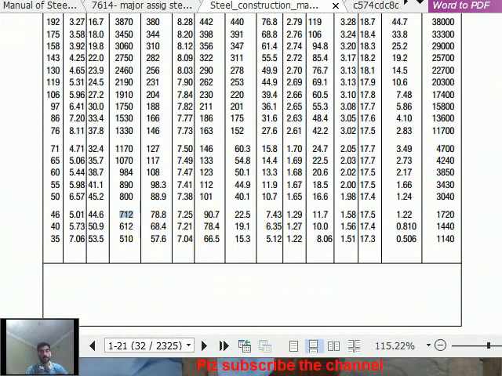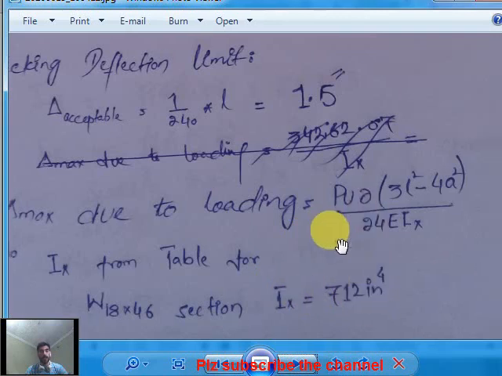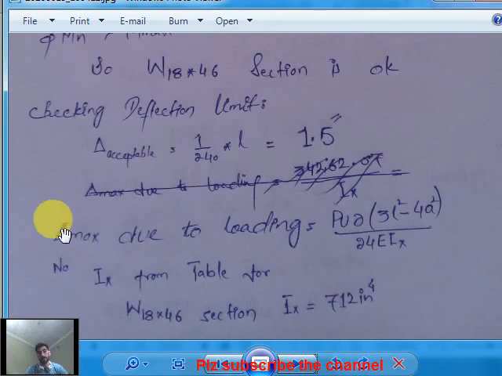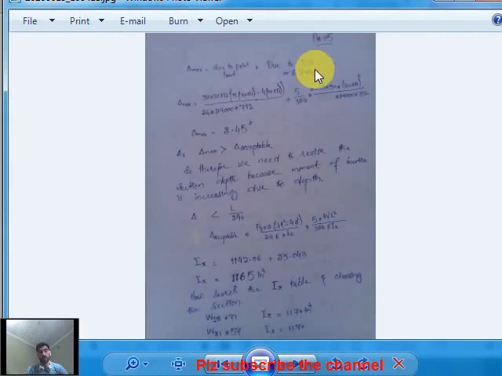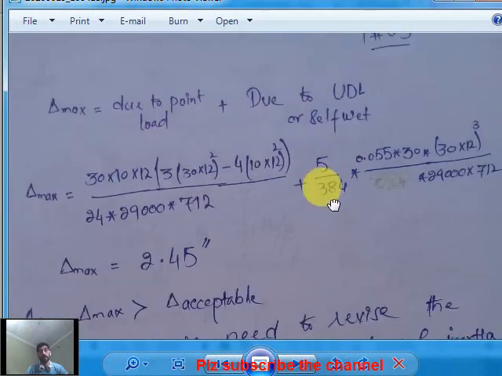Now we have to determine delta max, that is the deflection due to the loading. Remember, delta max is due to the point load plus due to the UDL or self-weight, which I explained already. Because we have UDL and point loads, due to point loads we have a formula which I showed you on the previous page, and due to UDL we have this formula, which we used in lectures 11, 12, 13, 14.